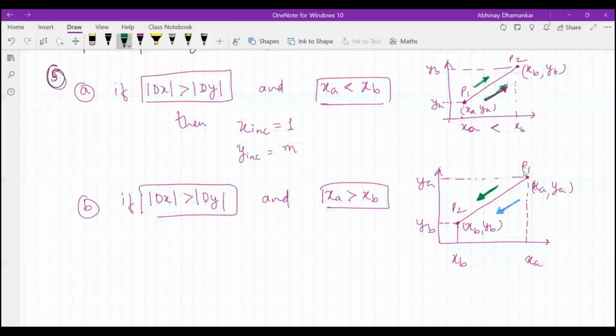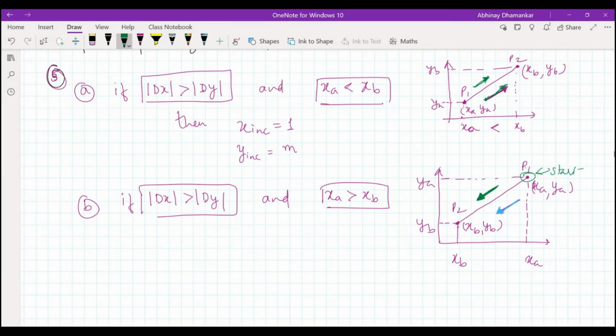Now suppose this is your start point. मैंने ये ग्रीन में लिखा हुआ है स्टार्ट पॉइंट. अगर यहां से स्टार्ट करना है तो see here, first of all tell me this condition is satisfied.